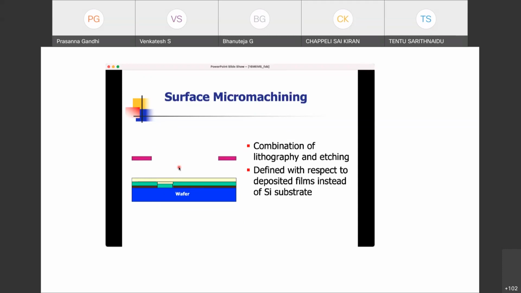Now this green color deposition is the material of which you want a cantilever to be made, and this brown color is your photoresist. Let's say this material is something like aluminum. So you want an aluminum cantilever standing on the surface of a wafer.